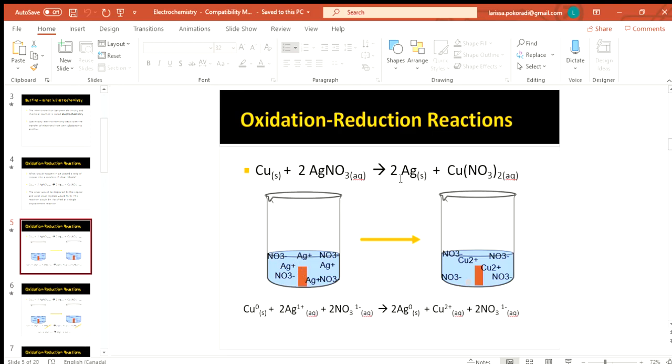As we go through our reaction, we know that copper is going to be switching spots with silver, so that silver becomes a solid, and copper will now be part of this unit. So again, this unit being aqueous doesn't mean it's going to be pictured all as one piece in this solution. It's now, again, going to be nitrates existing on their own, floating around, and those coppers existing on their own, floating around.